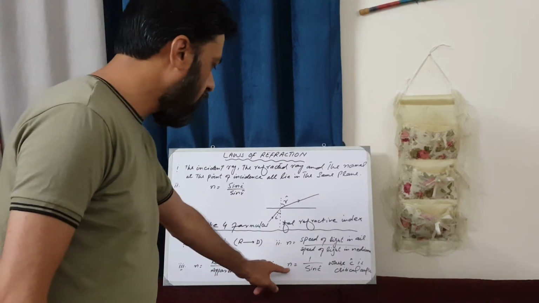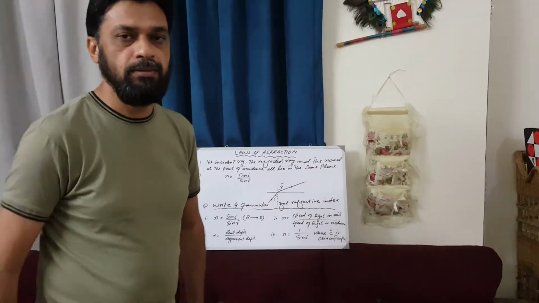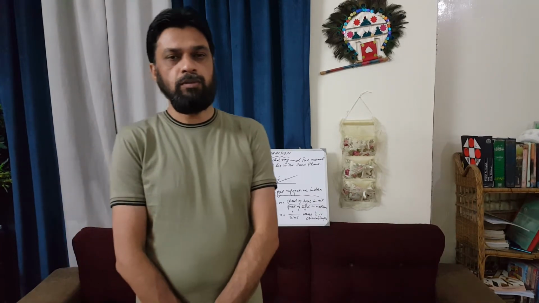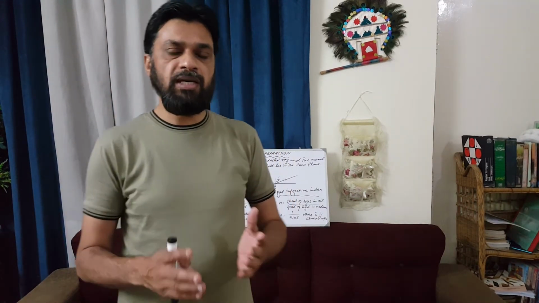Number four, n is equal to 1 over sine C. Once again, we have studied today refraction of light and laws of refraction of light, and after a few minutes we will study total internal reflection.